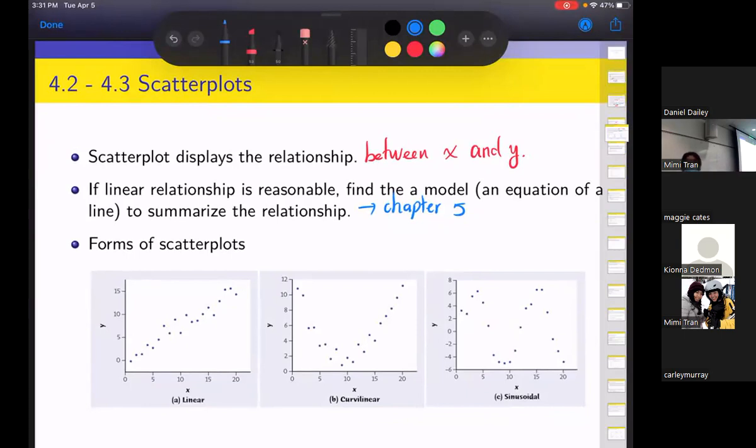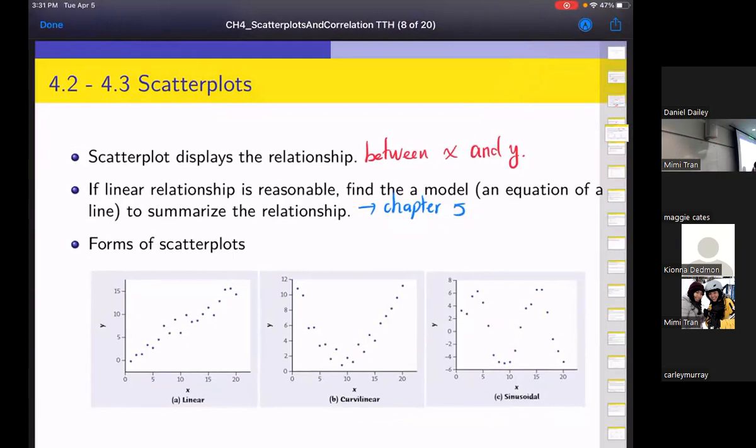The third one is sinusoidal. So it's kind of like a sine curve or cosine curve. I don't know about your homework, but I don't see this. I see these two a lot. I don't see sinusoidal much. But I'm gonna show you how to interpret the first 2 types, okay? I'm not gonna show you the third, since I don't see it in the homework, and it's not that popular for this class either.